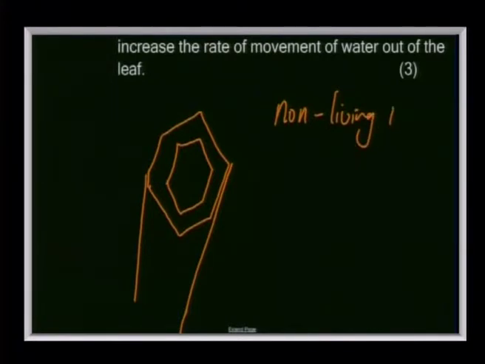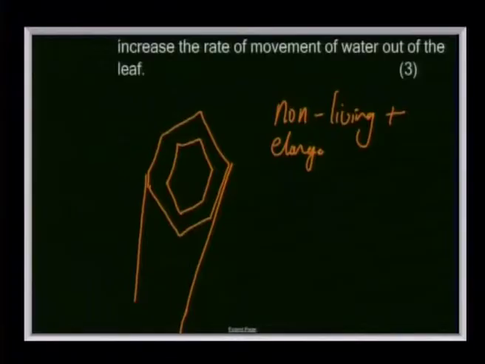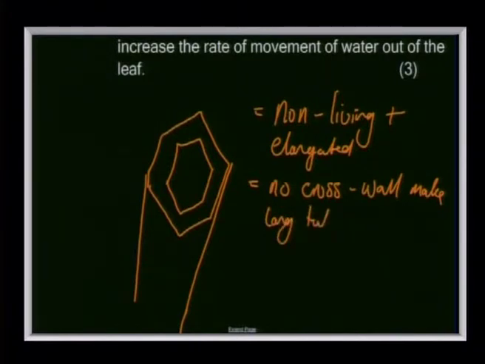Okay, and because they are non-living, they are also elongated. Okay, there are no cross walls. And that's what makes long tubes.